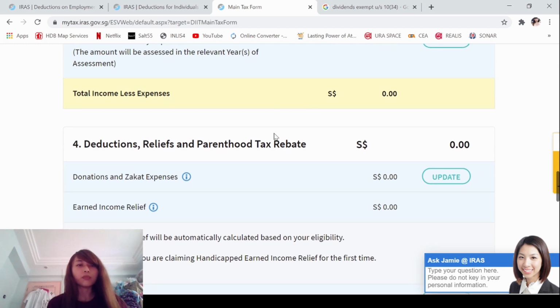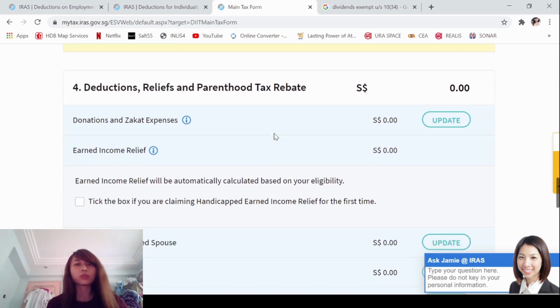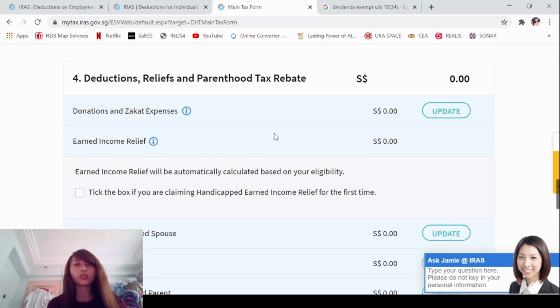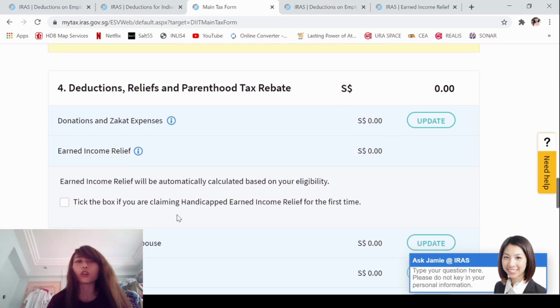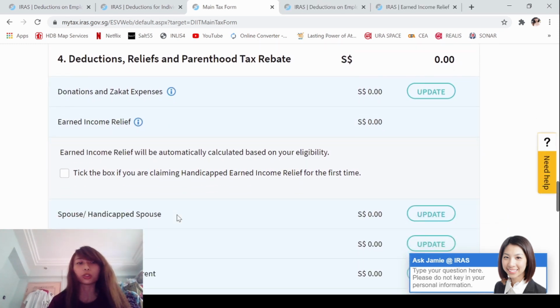Okay, now we come to my favorite part, which is the deductions, reliefs, and parenthood tax rebate. If you're confused, I'll be conducting a tutorial to teach you more about all these deductions and tax rebates and what to fill in. For donations, if you didn't do any personal donations other than CDAC or MOS fund through your salary, then there will be no additional things to declare.